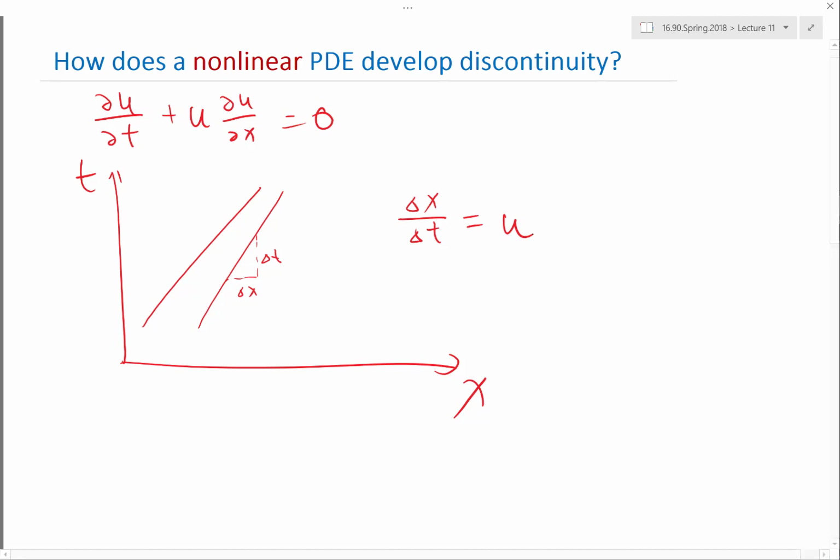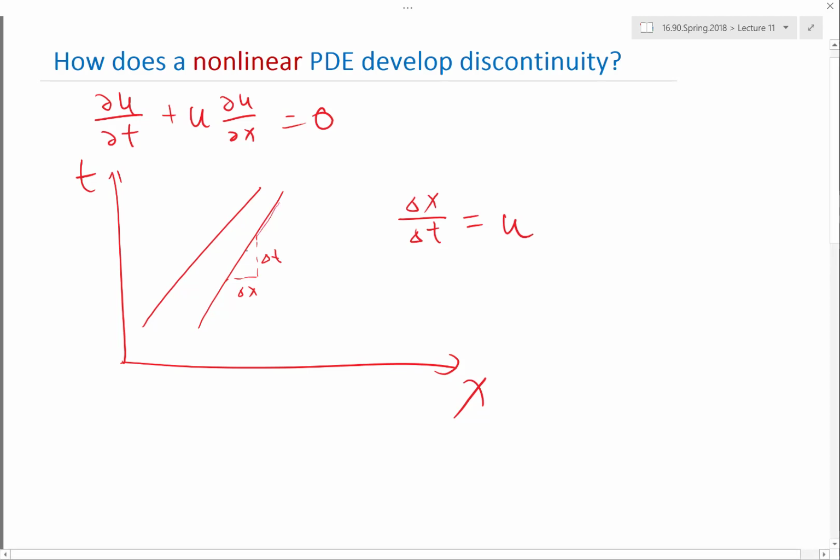The lines in this particular case are still straight lines, because if the solution doesn't change value along this characteristic line, which means u doesn't change value, then dx over dt doesn't change value. That means the slope is constant along the line if the solution is constant. And the fact that the solution is constant can come from the chain rule, the same way as before.